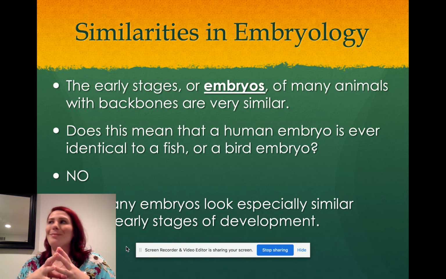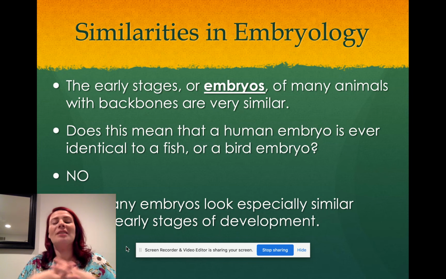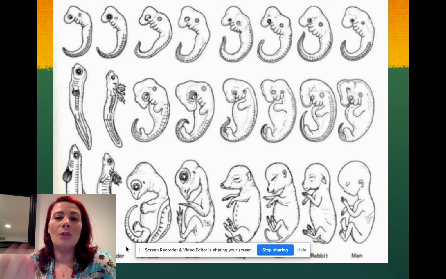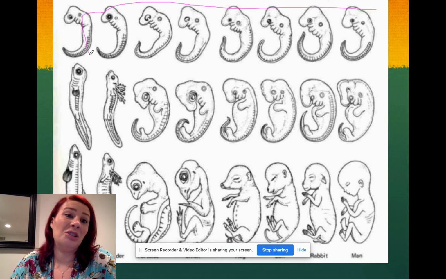Does that mean that a human embryo and a fish embryo are exactly identical? No. I said similar. They show similarities, which makes it difficult to differentiate in those early embryonic stages.